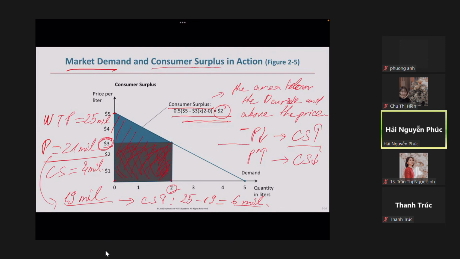The rule we have here is the following. The willingness to pay of the buyer should be greater than the price.